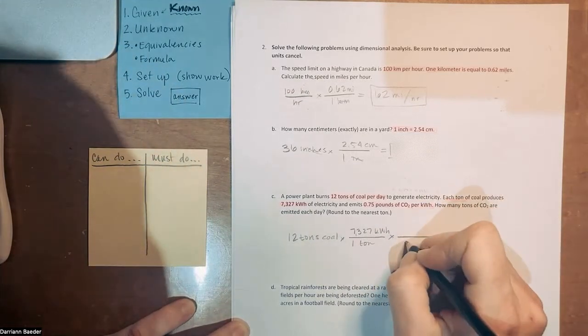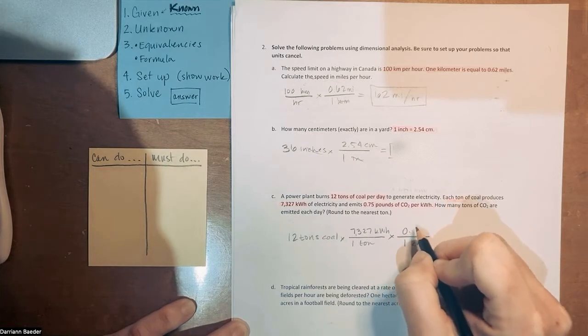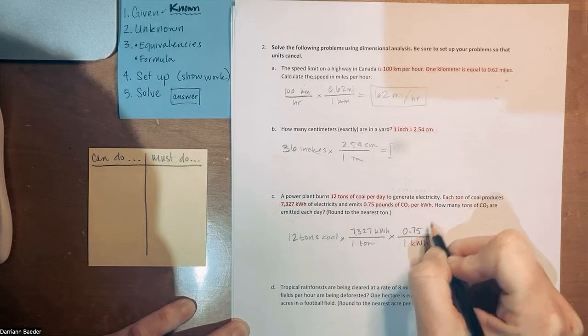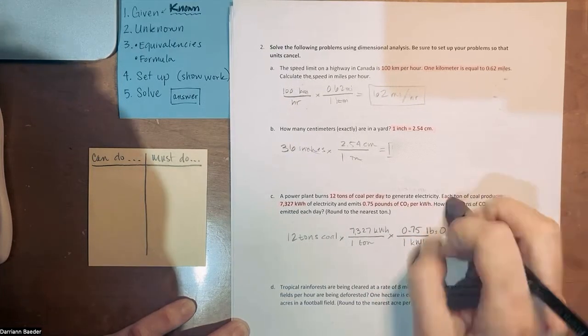And then 1 kilowatt hour produces 0.75 pounds of CO2.